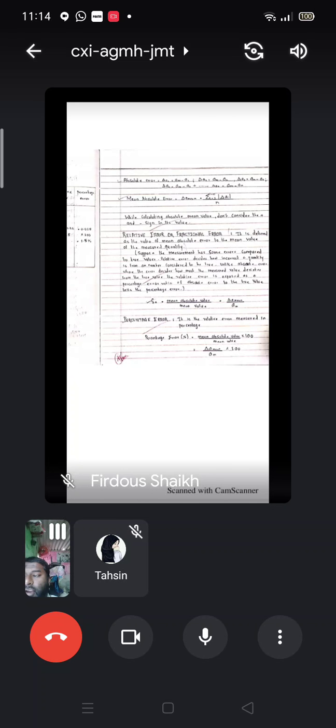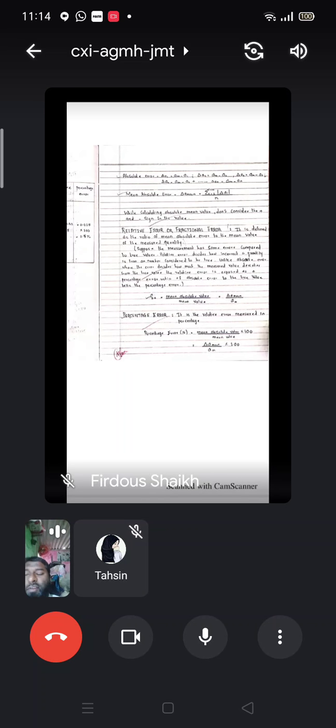How can we calculate the absolute error? For each individual measurement you can calculate it. For a1, delta a1 is equal to a_m minus a1. Up to an, delta an is equal to a_m minus an. Then the mean absolute error, delta a mean, is equal to the summation from i equal to 1 to n of the modulus of delta a i, divided by n.